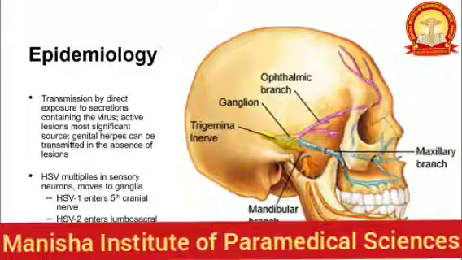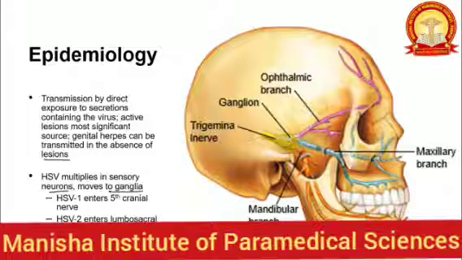Epidemiology: transmission is by direct exposure to secretions containing the virus. Active lesions are the most significant source, and genital herpes can be transmitted in the absence of lesions, even though we cannot see the lesions outside. That doesn't mean that person cannot infect. Obviously that person can infect. HSV multiplies in sensory neurons and moves to ganglia.